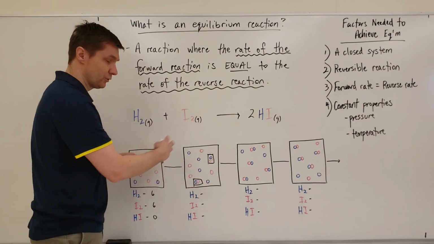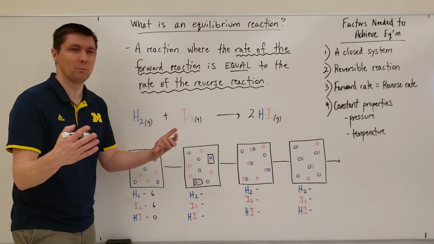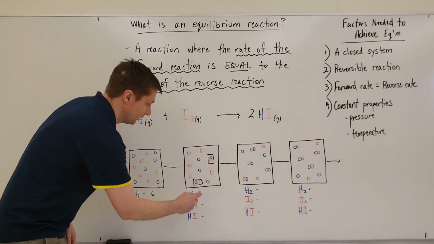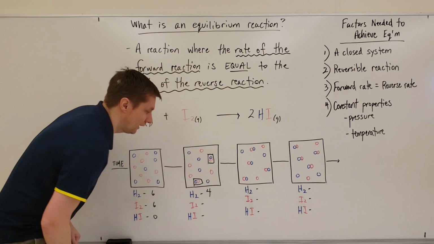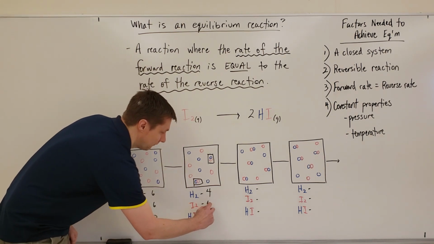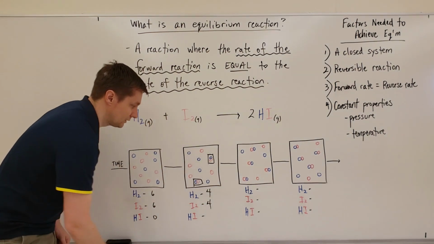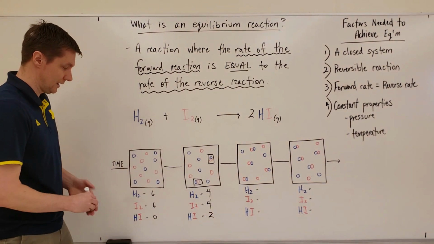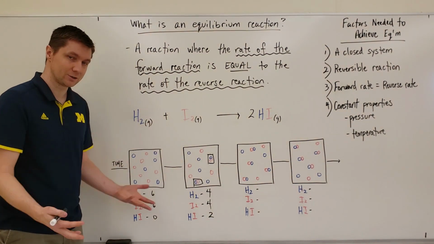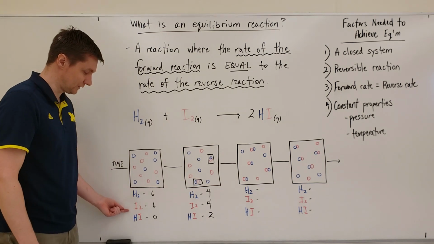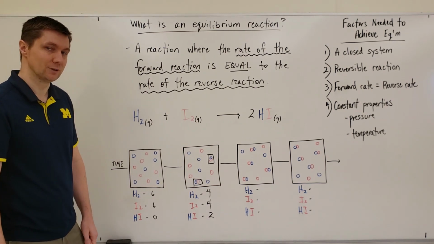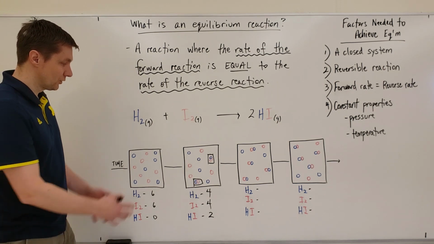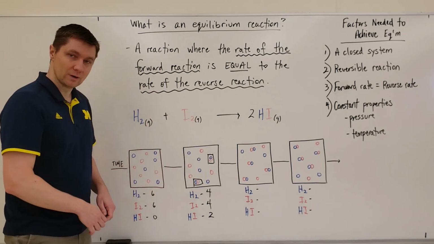After this short period of time, and how much time doesn't really matter, I've got 4 hydrogen molecules still, 4 iodine molecules still, and now I have 2 HI. At the initial phase, before the reaction began, I had 6 hydrogens, 6 iodines, and 0 hydrogen iodide molecules. And so this has begun to react.